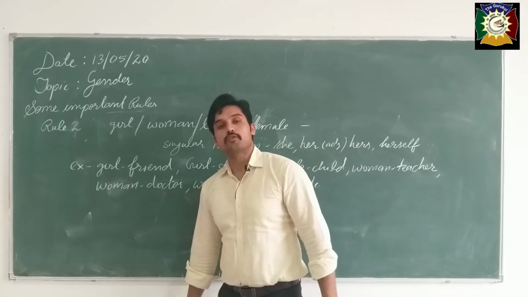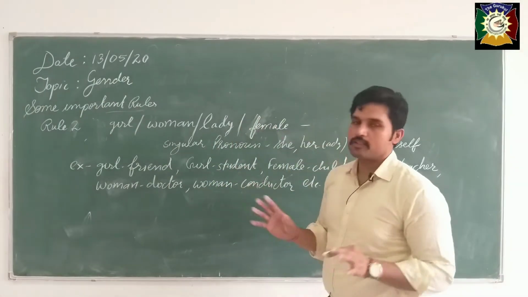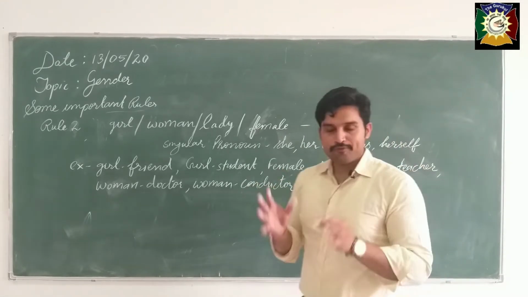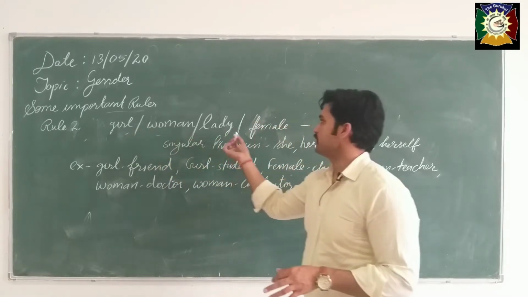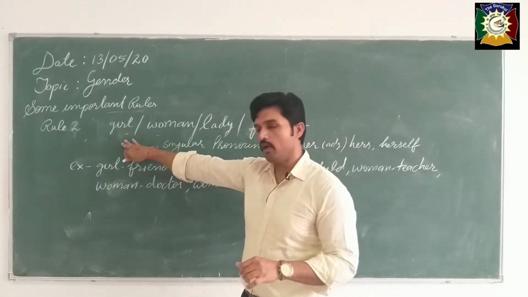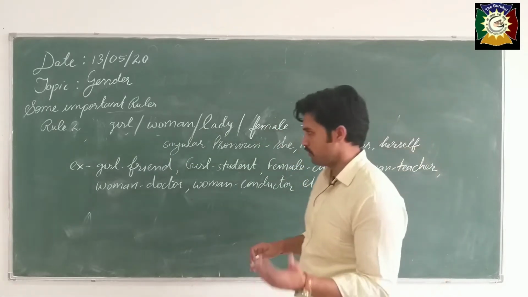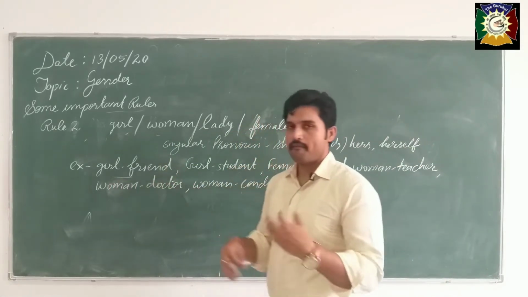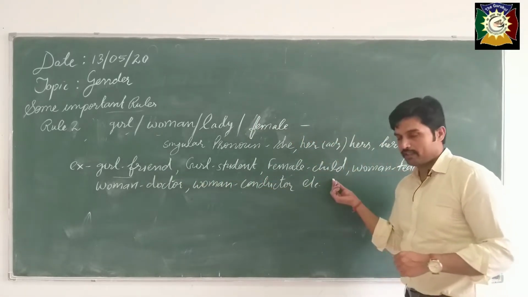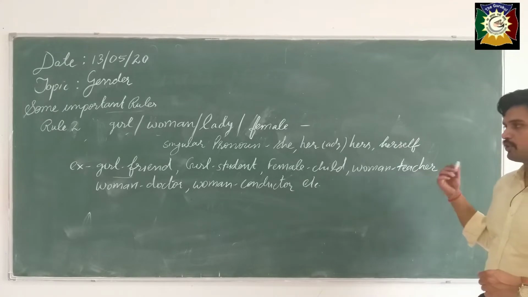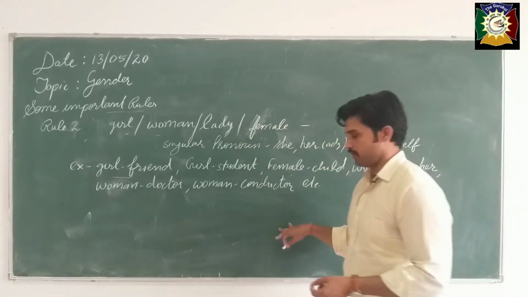Now, moving on to the second rule related to gender. I have written some words here. If before a noun you mention one of these, which ones? Girl, woman, lady, female. How? See here, if you say girl friend, girl student, female child, woman teacher, woman doctor, woman conductor.